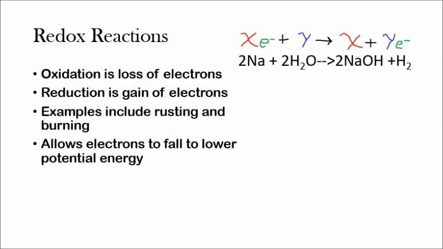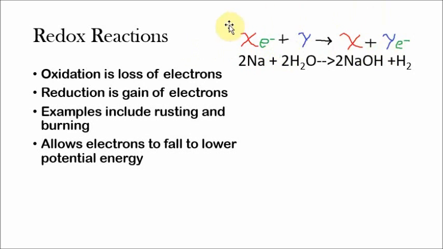Now, before we get into how glycolysis works, we're going to review what redox reactions are. This is a chemistry concept, but it's actually very simple. A redox reaction is one where electrons are exchanged between two or more compounds.